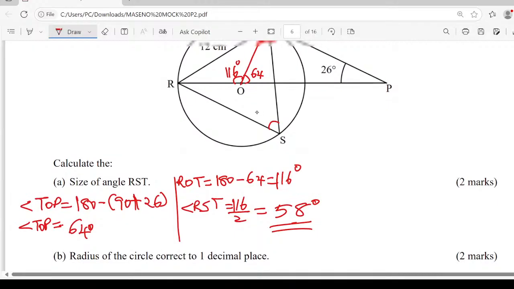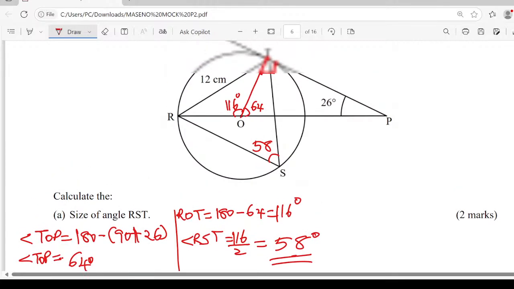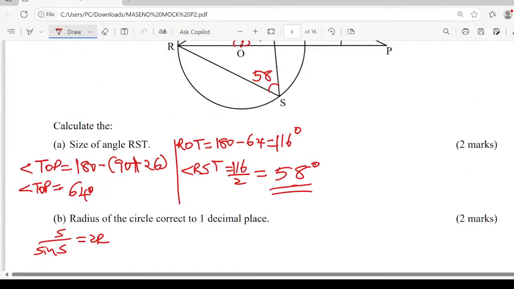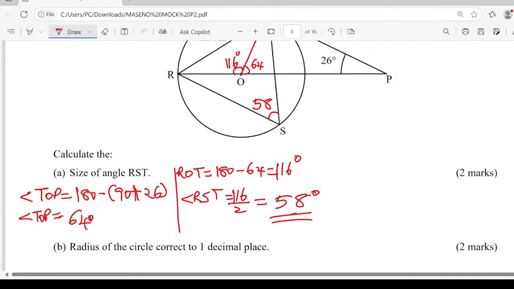So here we have got 58. To get the radius of the circle, we are going to apply the concept of the sine rule. S over sine S will be equal to 2r. My S here is 12.